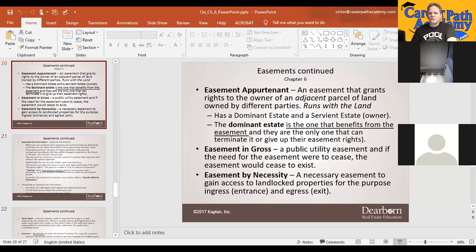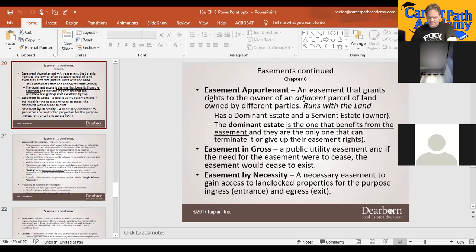All right, so there's a picture here with Lot B on the left and Lot A on the right. Lot A owner on the right has a lake in his backyard. And Lot B owner has access to use the lake.